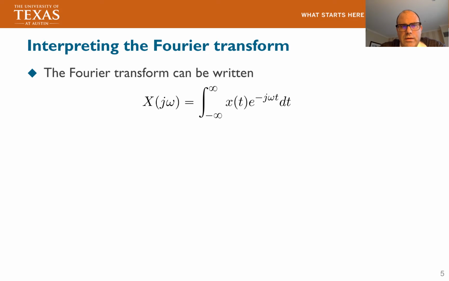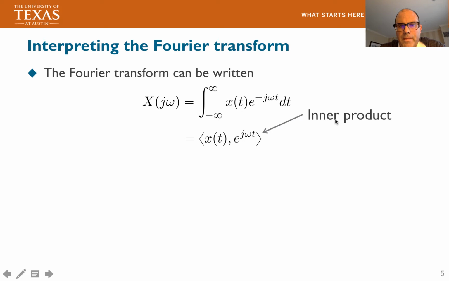So let's look at how we interpret the Fourier transform. The Fourier transform is this integral of the product of x(t) and e^(-jωt). Remember from the discussion a few lectures ago that you can think of this as an inner product between two signals, x(t) and e^(jωt).